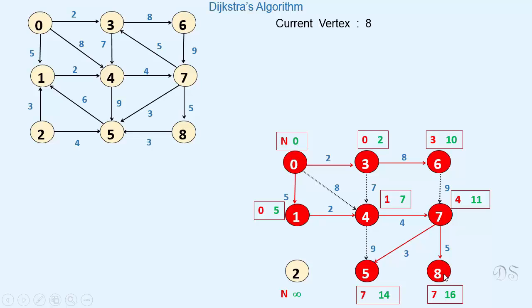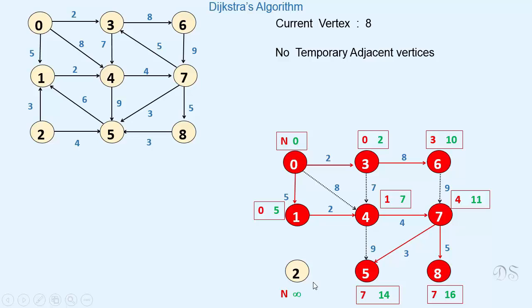So now our current vertex is vertex 8. We have only one vertex that is adjacent to this vertex 8 and this vertex is permanent. So there are no temporary adjacent vertices. Now we have only one temporary vertex left and it is path length infinity.